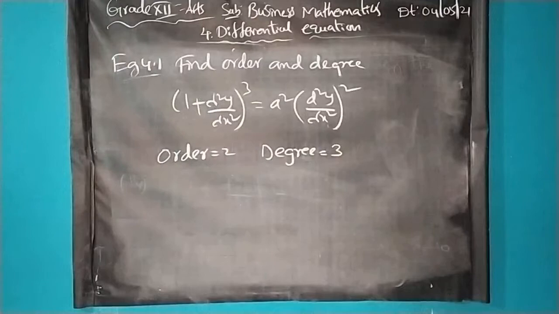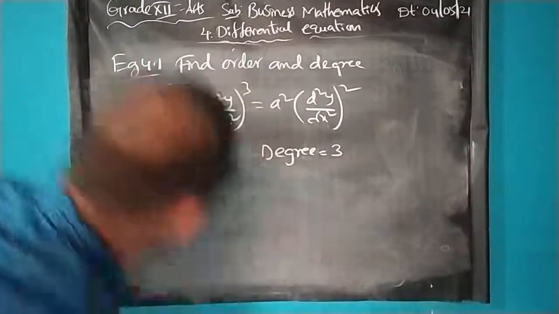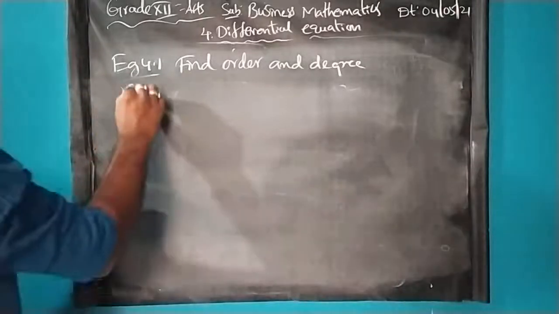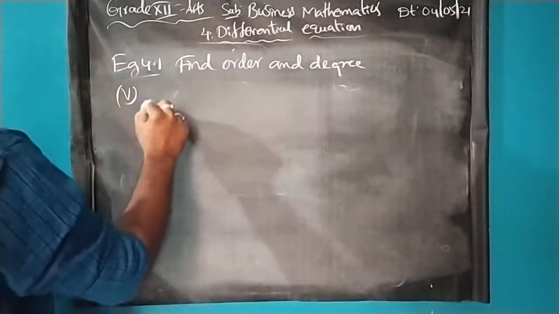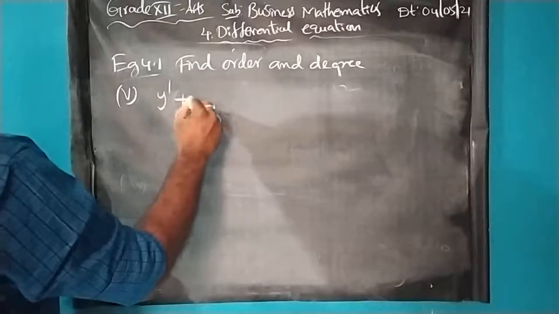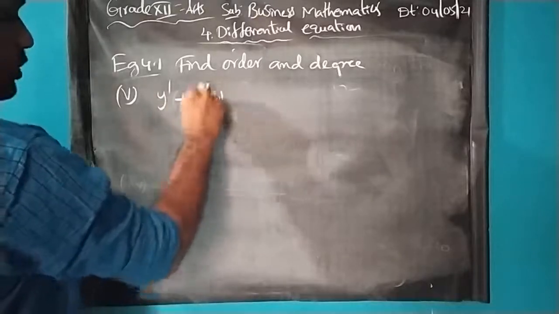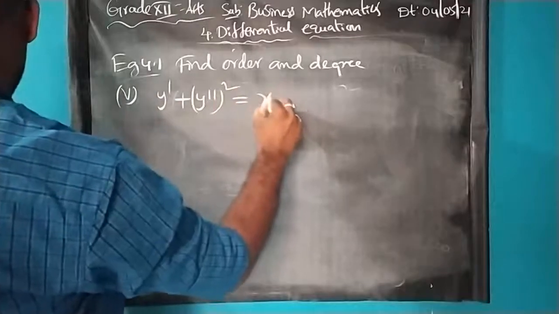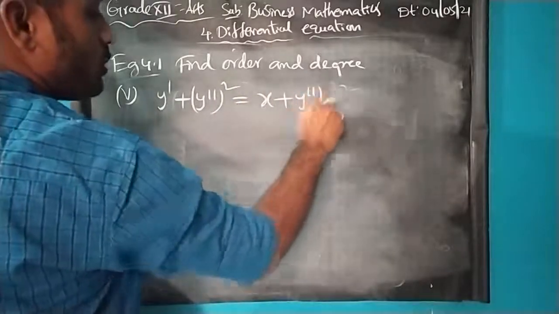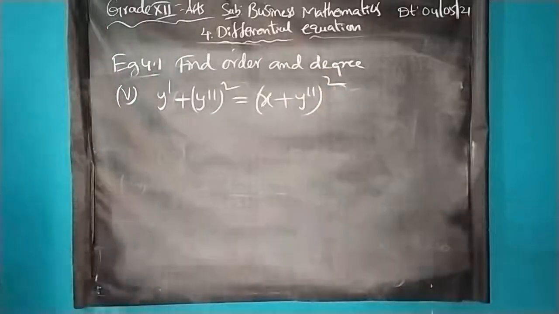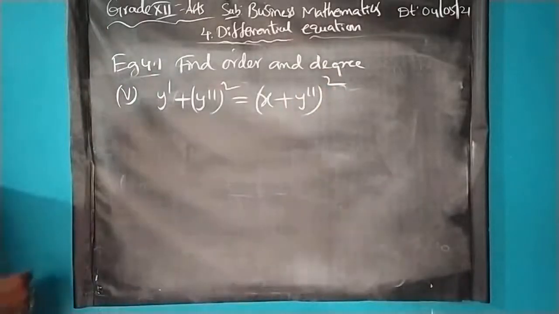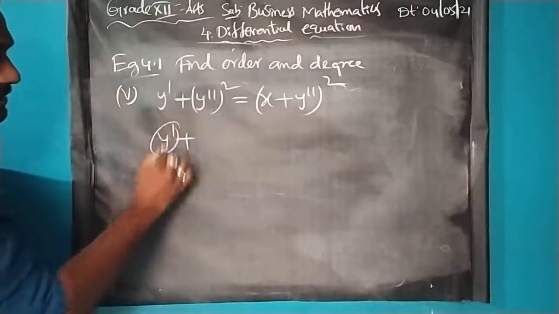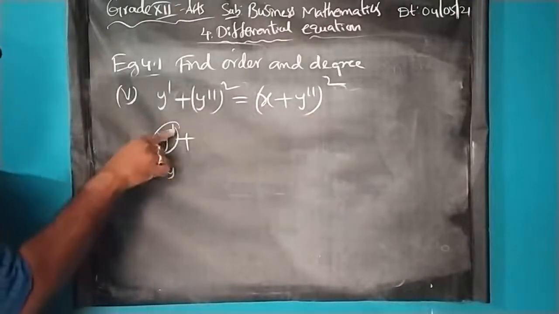Next, let us see the fifth question. y dash plus y double dash whole square is equal to x plus y double dash whole square. So it is in the format of a plus b whole square. Well, we have to expand this. y dash, in the sense dy by dx, means differentiation is done one time.